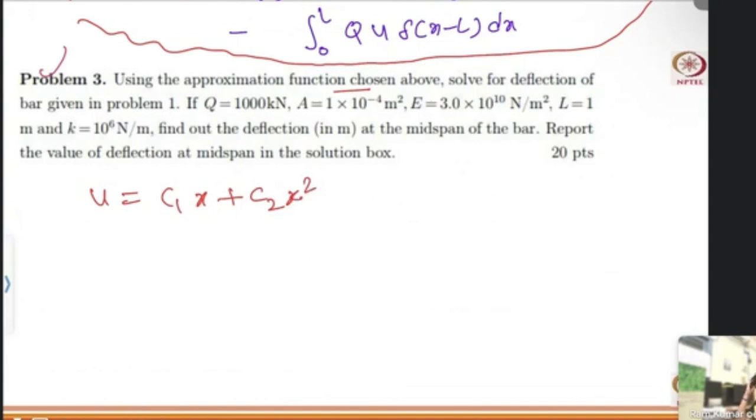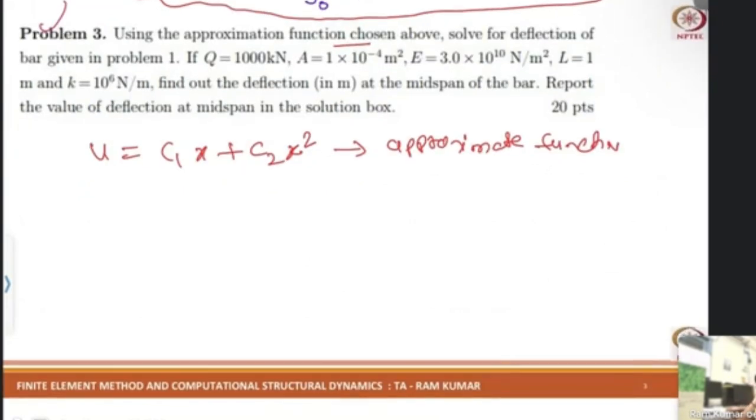So this is our approximate function. Then du by dx will be c1 plus 2c2x. That's fine.